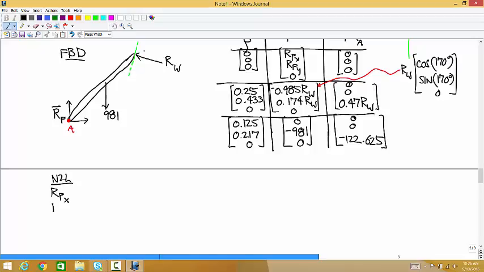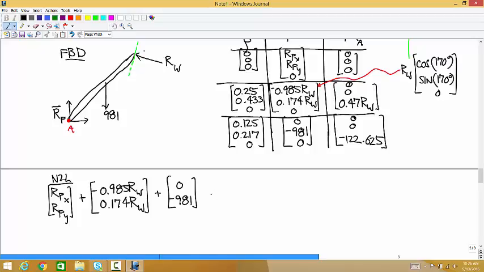So we have RPX, RPY, plus negative 0.985 RW, 0.174 RW, plus 0, negative 981 is equal to zeros. So that gives us our first two equations.